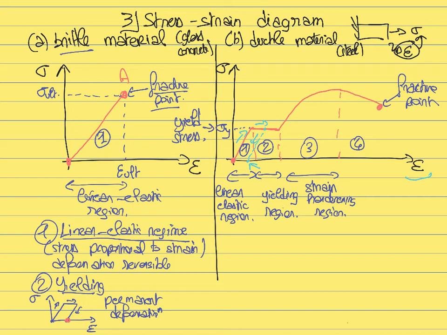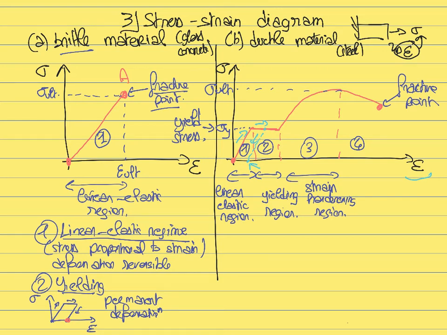In the strain hardening region, the stress now starts to increase again as you increase the deformation, up to a maximum point, and this maximum point is the maximum stress that the material can possibly undergo. This is what we previously called the ultimate stress. So this is stage 3, the strain hardening region.